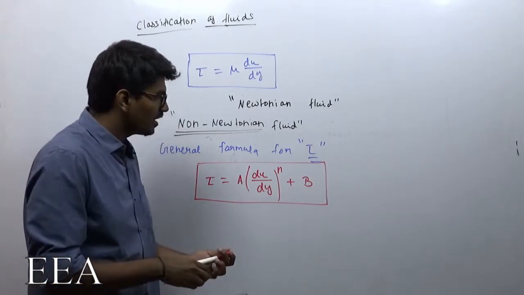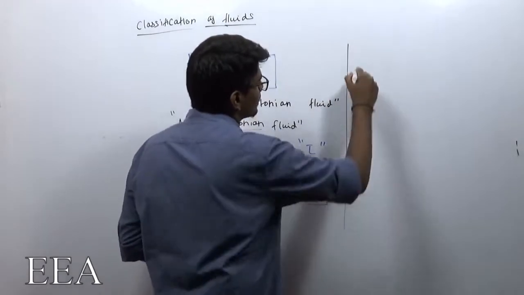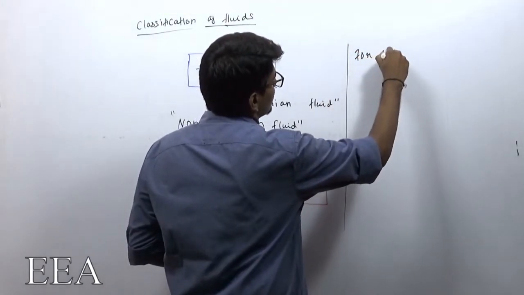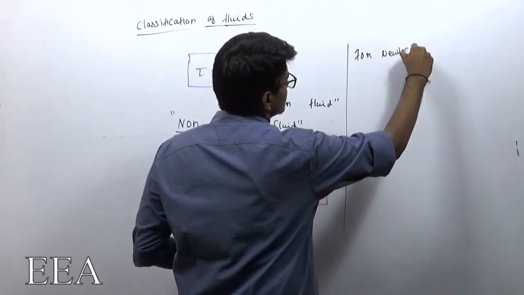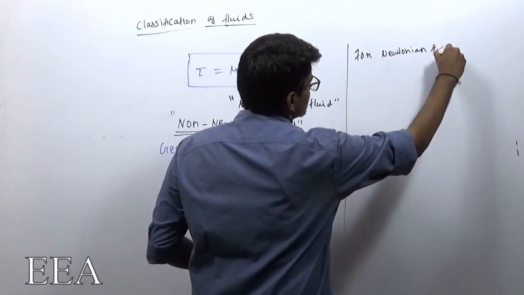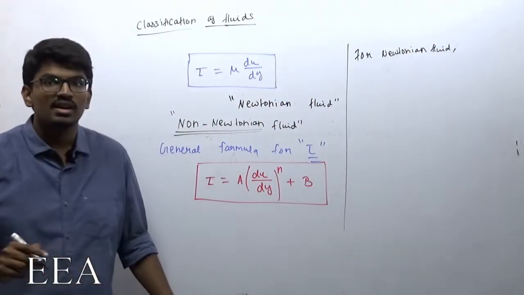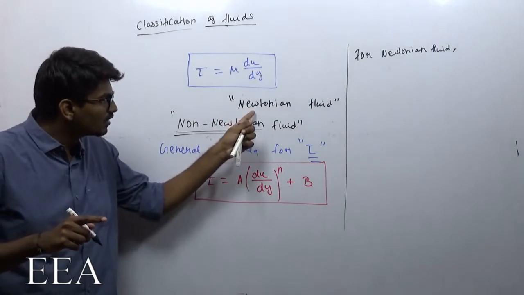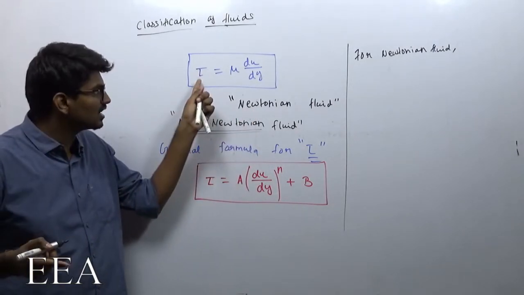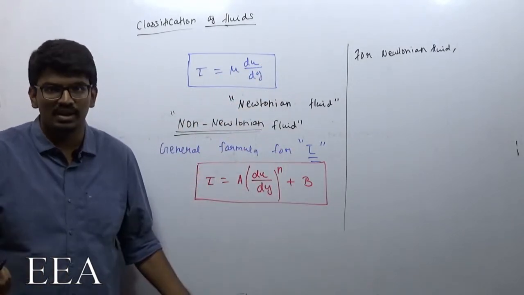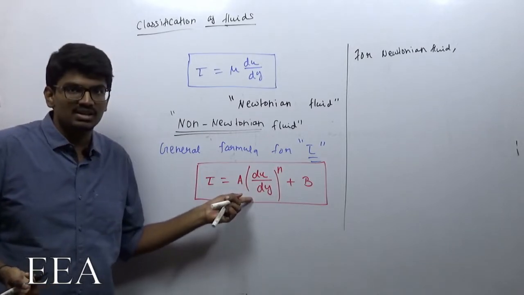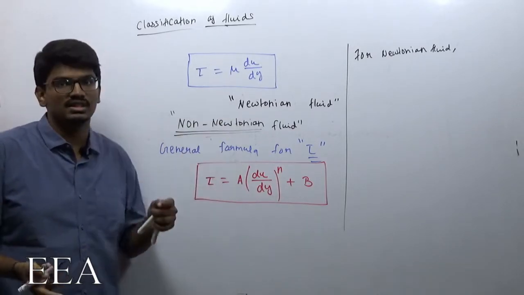Now for Newtonian fluid, how can I say? This is my generalized equation, right? For Newtonian fluid, I know that it follows Newton's law of viscosity, which is nothing but tau is equal to mu into du by dy. So this is the general equation, and Newtonian fluid follows this equation.